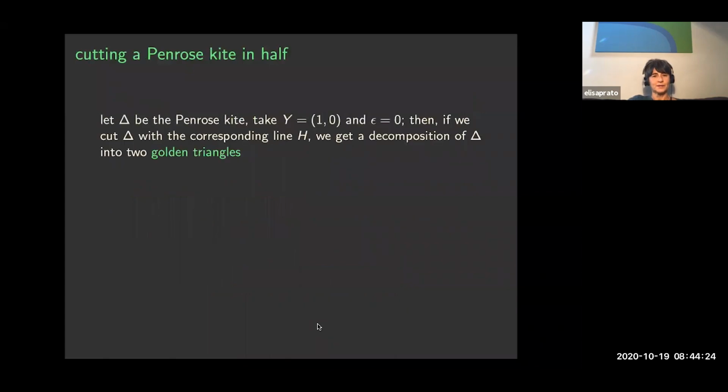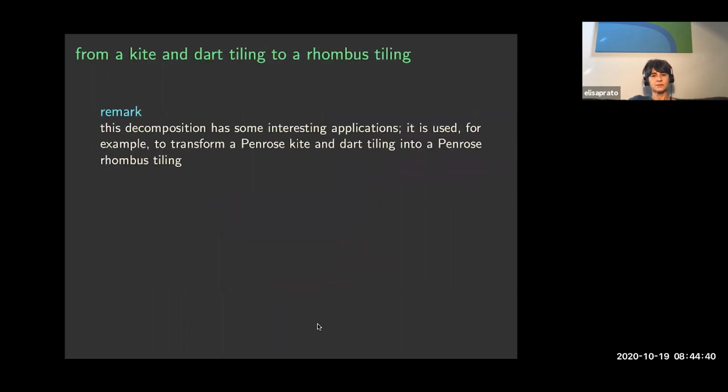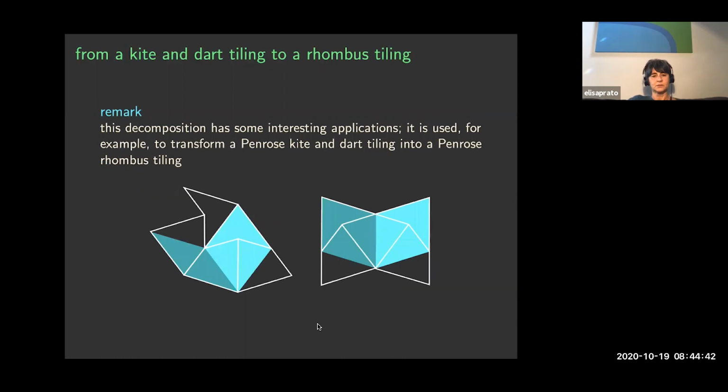So why Penrose? Because if we cut the Penrose kite in two as follows, we get a decomposition into what are called golden triangles. And this is a classical tool that is used in Penrose tilings, for example, to pass from a kite and dart tiling to a Penrose tiling. So the idea is briefly described by this picture.